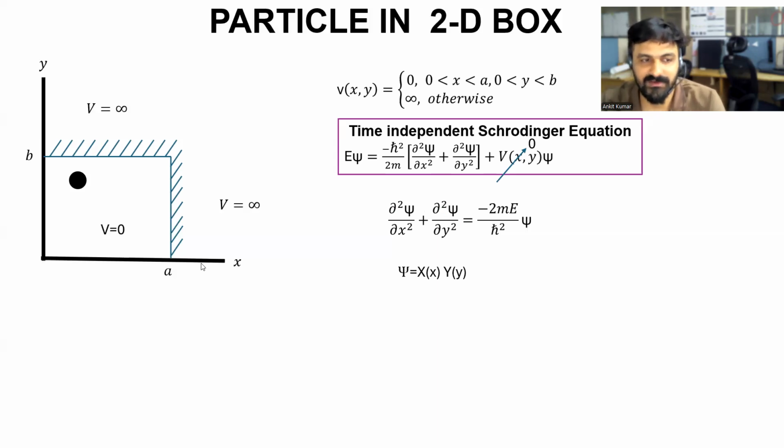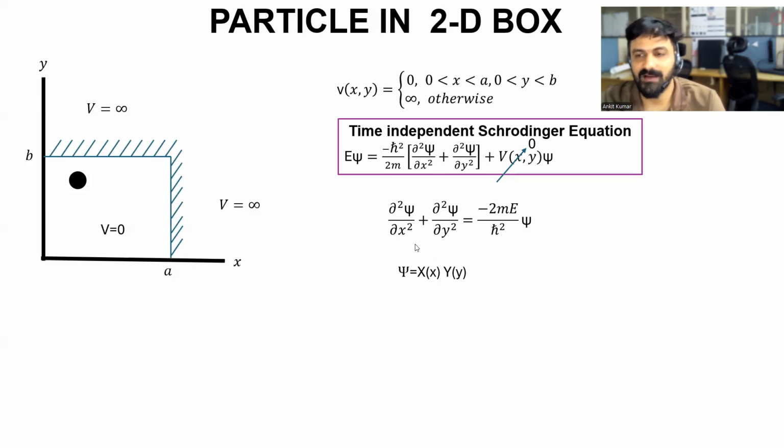Here we assume that ψ(x,y) equals X(x) times Y(y), where X is a function of x only and Y is a function of y only. Why is this useful? As I have already told you, this method transforms a difficult partial differential equation into simpler ordinary differential equations, which you will see later on.